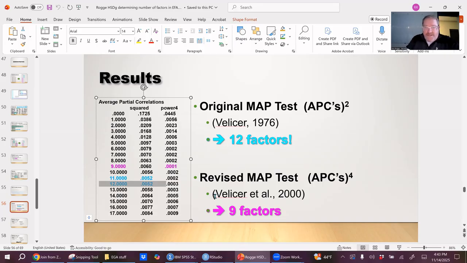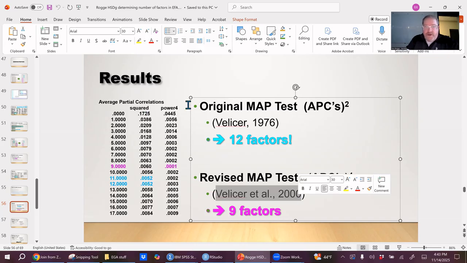Velicer revisited this approach in a paper in 2000 and said, no, you should raise the partial correlations to the power of 4 and then average them. If you do that, it suggests 9 factors. So the old school MAP suggested the right number of factors. The new MAP that they recommend did not.